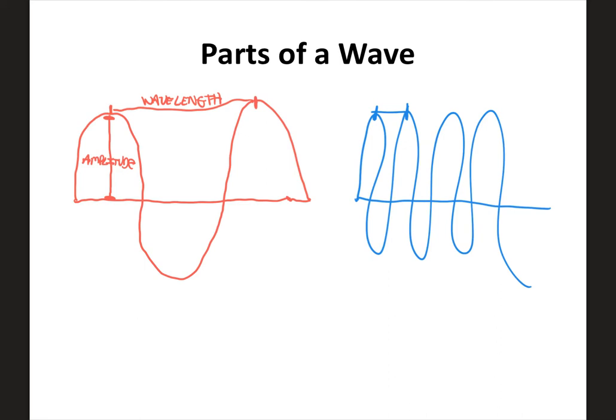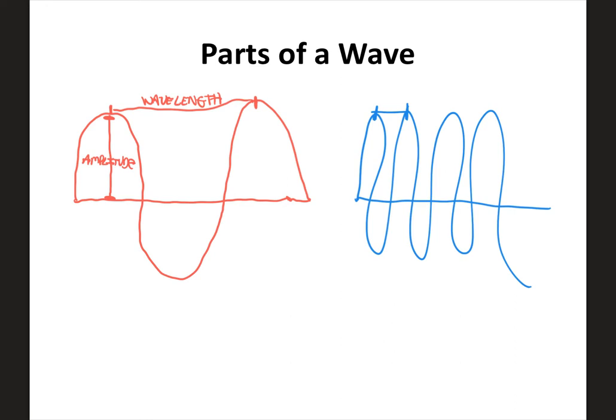When you have a greater distance between the waves, your frequency is smaller. It takes a lot longer to repeat itself when the wavelength is bigger. When the wavelength is smaller, the frequency is much greater and it repeats much faster. So there's an inverse relationship between wavelength and frequency. A bigger wavelength means a smaller frequency, and a shorter wavelength means a much faster frequency.